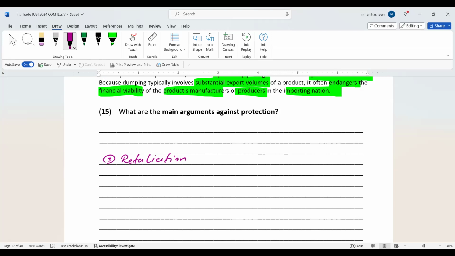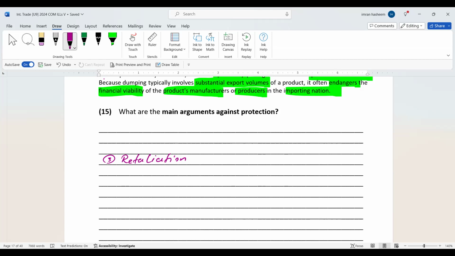Okay. Right, so within brackets, after writing retaliation, write: with the overall reduction in global trade.